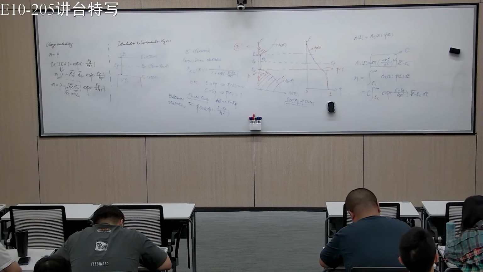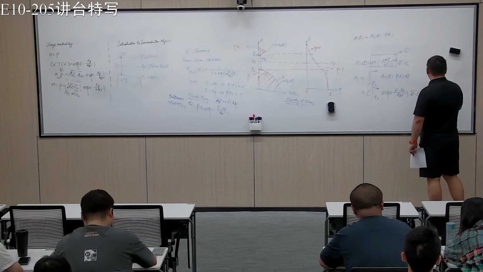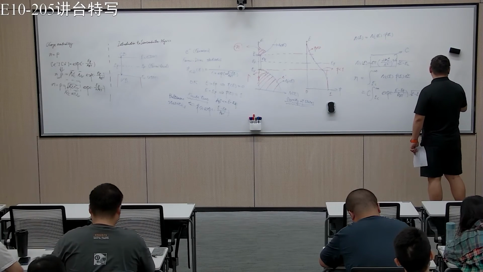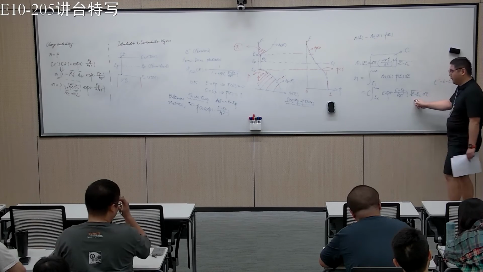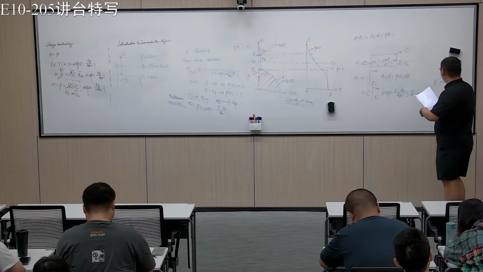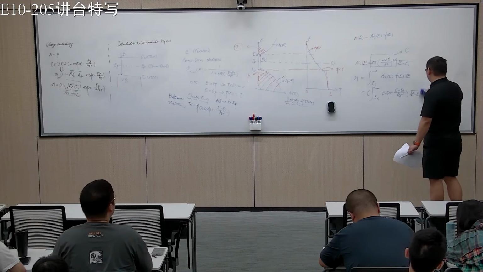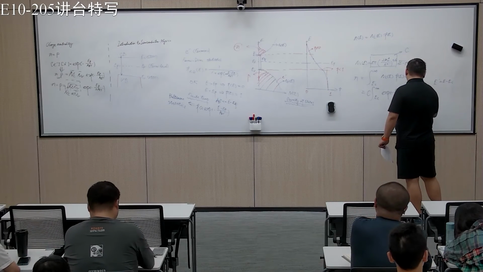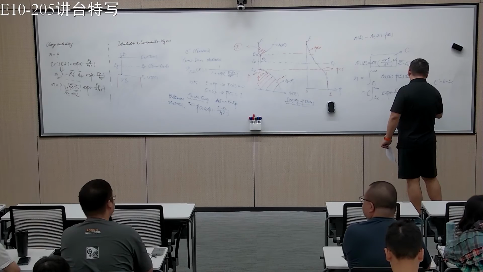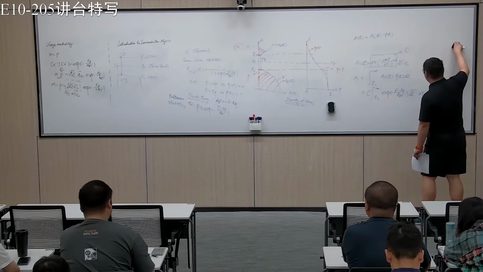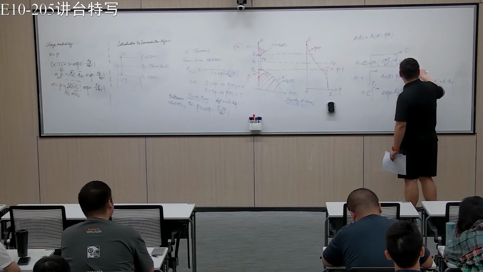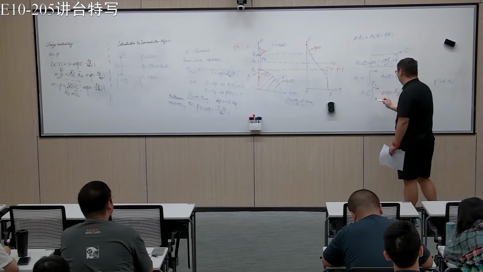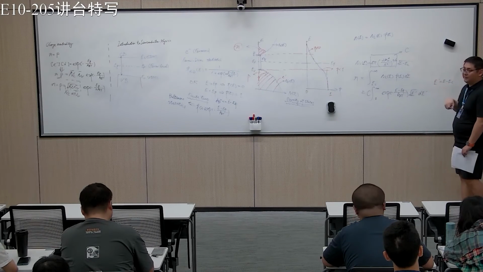If I define E prime as E minus EC, because otherwise it's too hard to treat, then I can change the variable. Now the lower limit is going to change to zero: if E is EC, then E prime is 0.